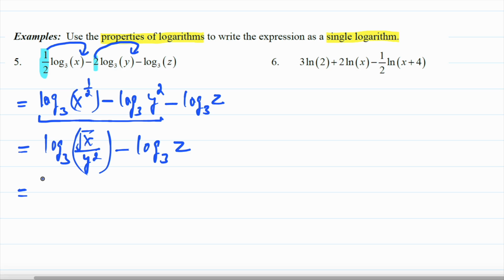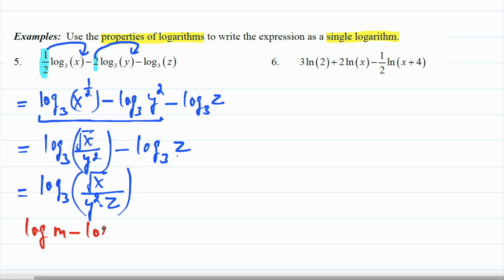In the next step we can again use the second property, which will be log base 3 square root of x over y square, and this z will also come in the denominator, because of the second property. Why? Because we know that log m minus log n is equal to log m over n. This is the opposite of the second property, and once you do that, this is your answer to this question.